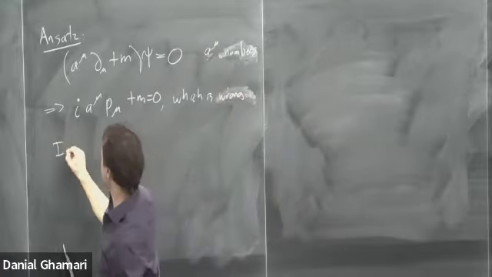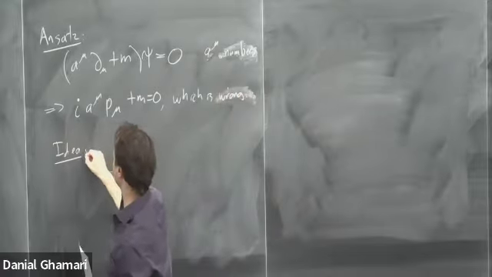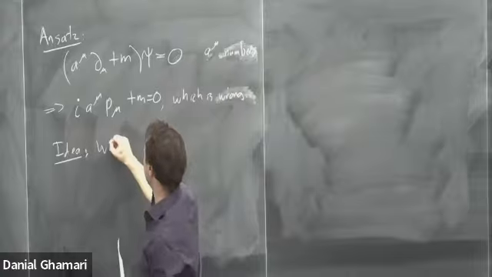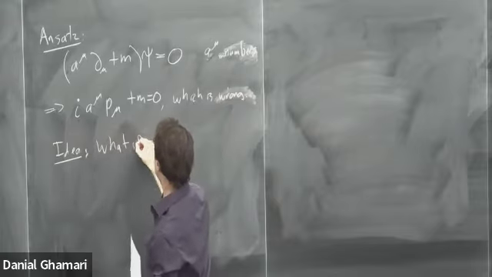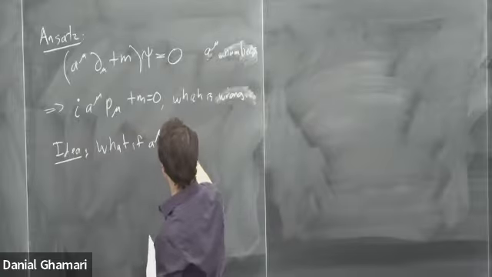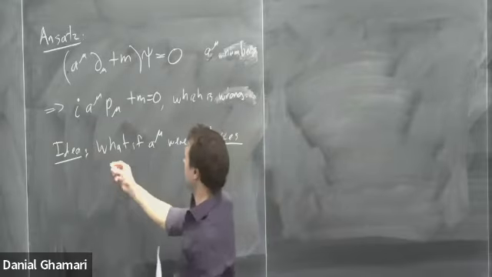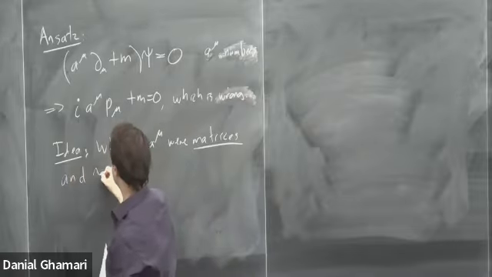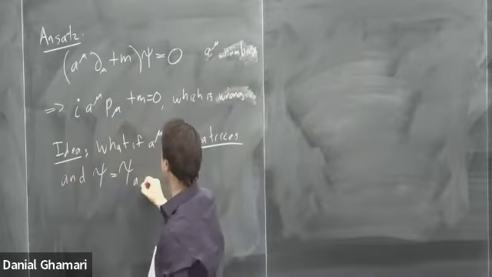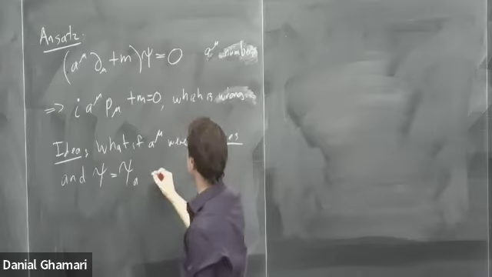So the idea, the revolutionary idea, is what if these aren't numbers? What if the A mu are matrices and psi is actually a vector of components?